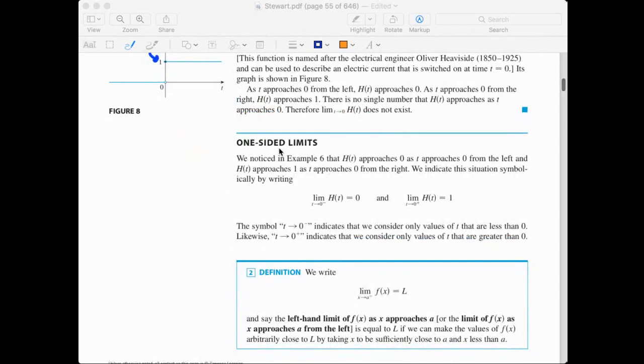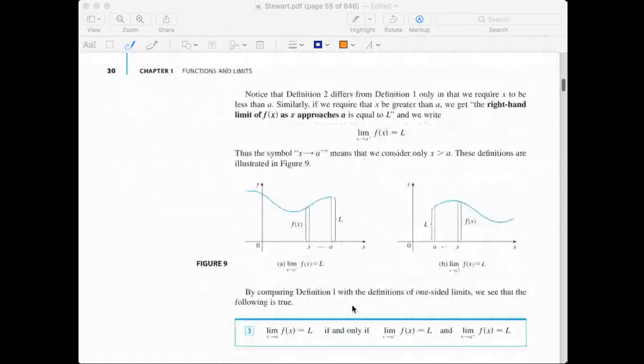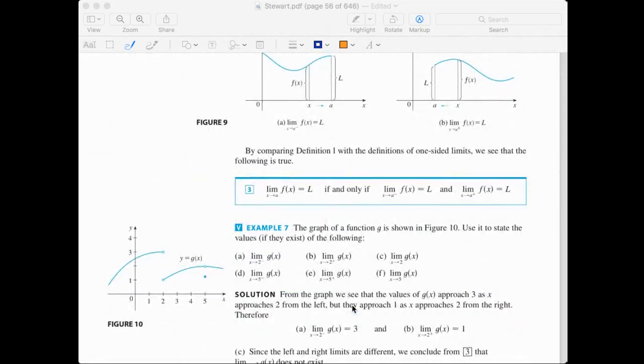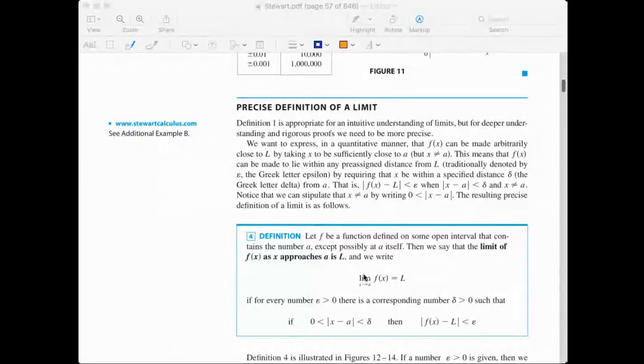So I already mentioned the one-sided limits. We can talk about x approaching a from the left. We call this a left limit. We can also talk about x approaching a from the right. We call this a right limit.